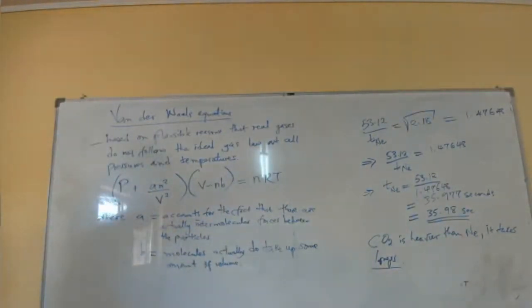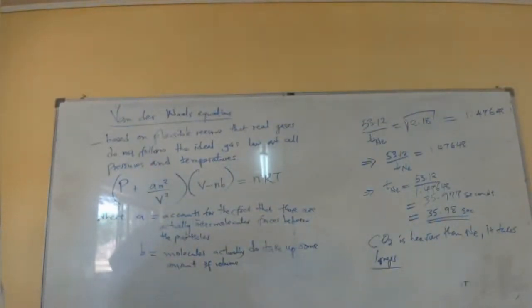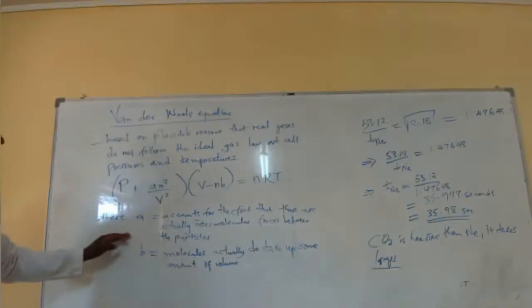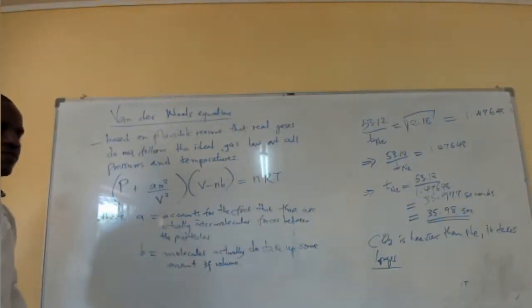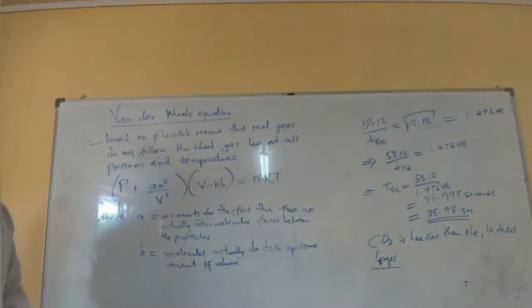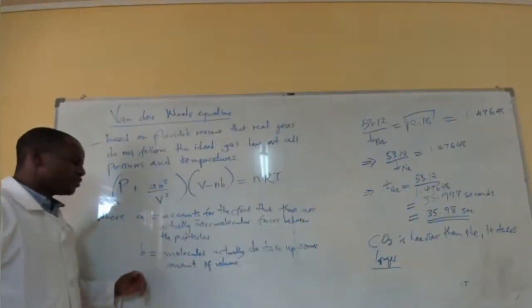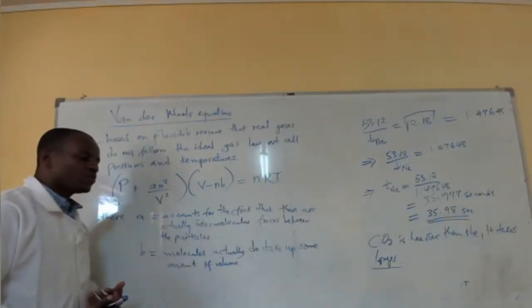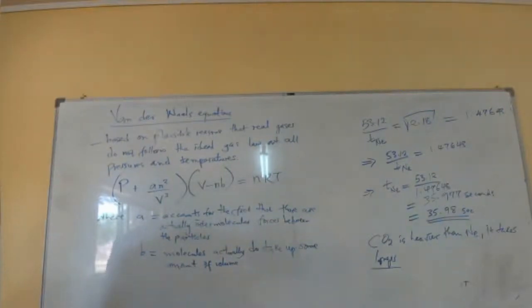So the van der Waals equation takes account of the overall effects of the fact that within the gas molecules, the particles actually have some form of intermolecular forces. These could be attractive or repulsive forces. And also b, the fact that these molecules, when they are placed in a container, they actually occupy some form of space.